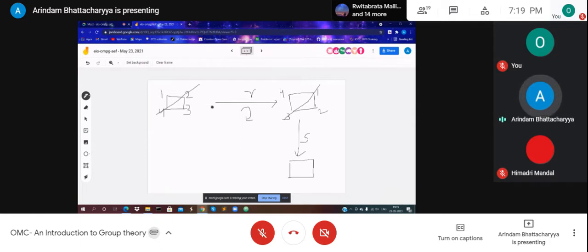So okay, we have 1 2 3 4. We rotate clockwise by 2 pi by n. We get this, and then we reflect about this line. We get this, correct.